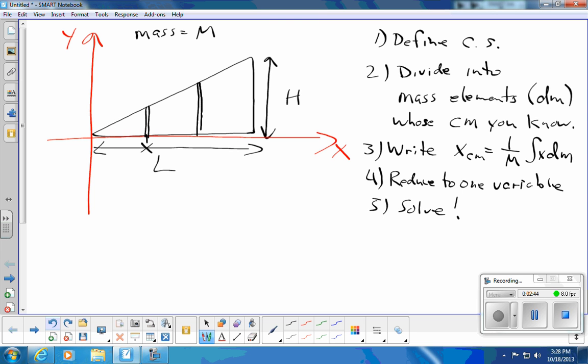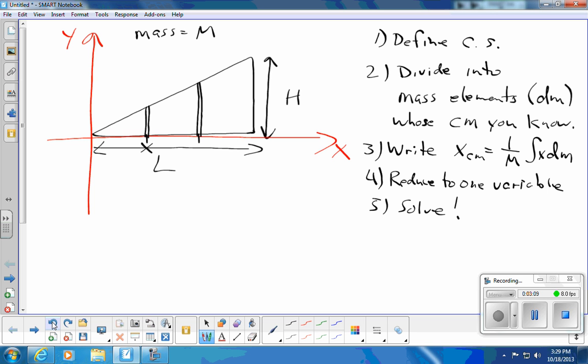And this little tiny piece of doorstop has all of its mass above a different value on the x-axis. The first one might be at the 20 centimeter mark, and the second one might be at the 40 centimeter mark or something, depending on how big this thing is. So this is how I'm going to divide up this doorstop into tiny pieces of mass.